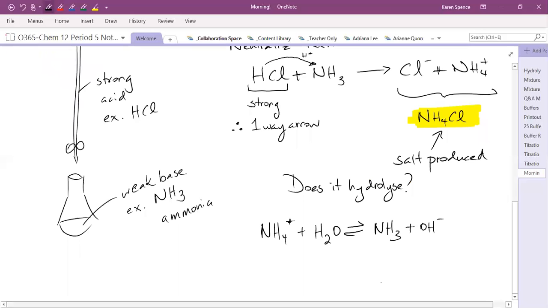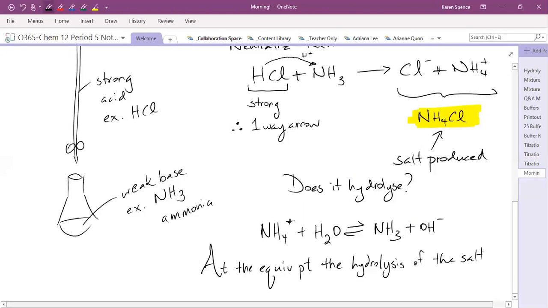Okay, and what that's going to mean is that at our equivalence point, the hydrolysis of the salt produces hydroxide.